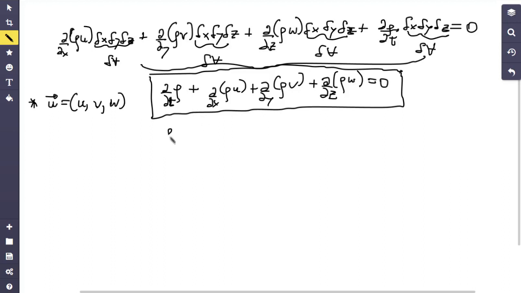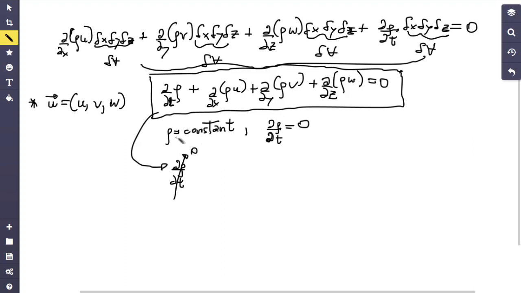But considering that the density is constant, and then the flow with regard to the density is steady, this equation simplifies to this. This term here will be equal to 0, right?